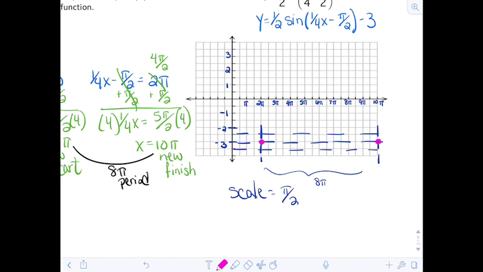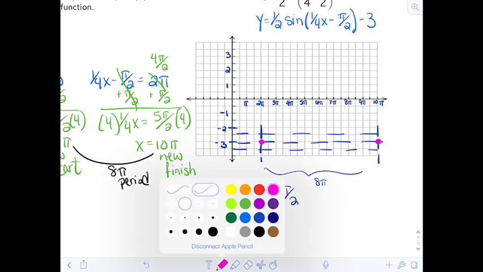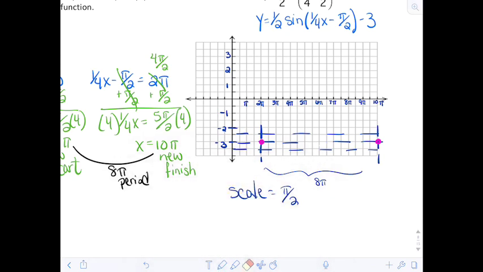Now the middle, the average of 2 and 10, the difference is 8, halfway would be going in 4 from each side. So if I add 4 pi's to the 2 or take 4 pi's away from the 10, I'm at 6 pi.